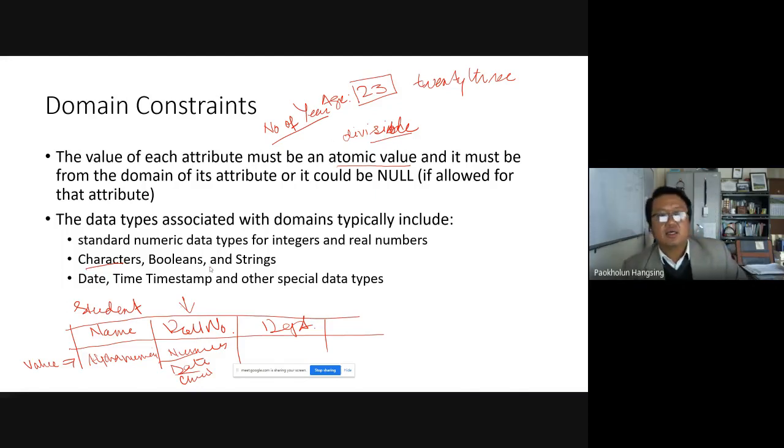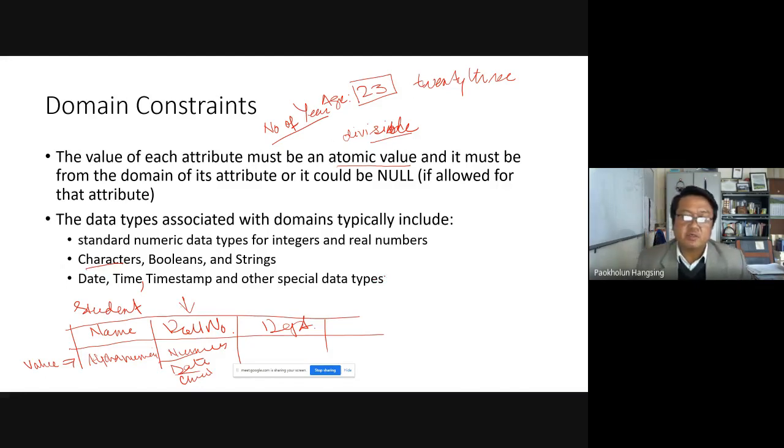So therefore, the data types associated with the domains typically include all the standard data types. For example, numeric data types for integer and real numbers, then characters, booleans, and string, date, time, timestamp, and other special data types, and so on. So these are the basic data types which are supported by the operating system.